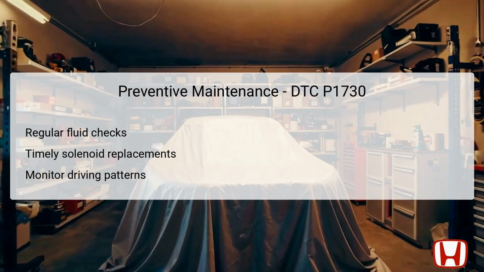Additionally, timely replacements of solenoids, particularly if any performance issues are noticed, can help preempt significant failures. Lastly, understanding and monitoring driving patterns can contribute to avoiding excessive strain on the transmission system, thereby prolonging its life. Implementing these preventive measures can significantly enhance performance and reliability of Honda CRVs.